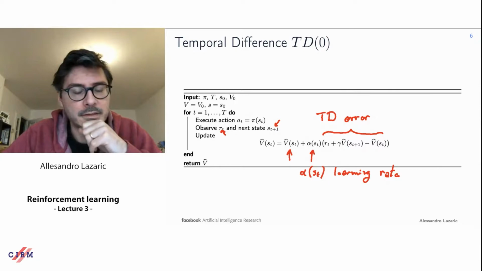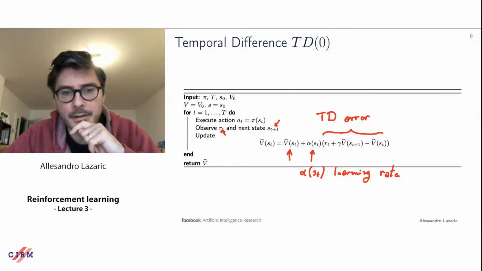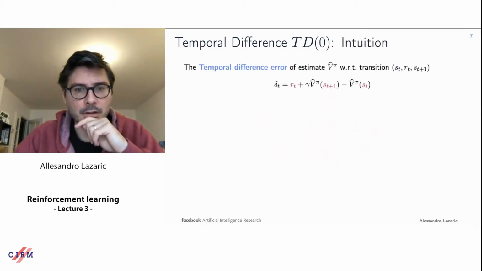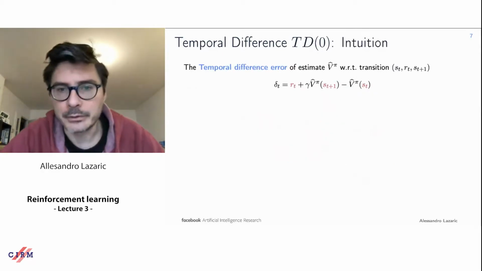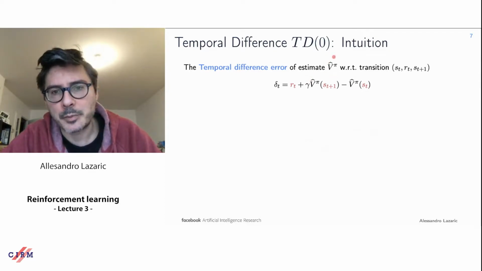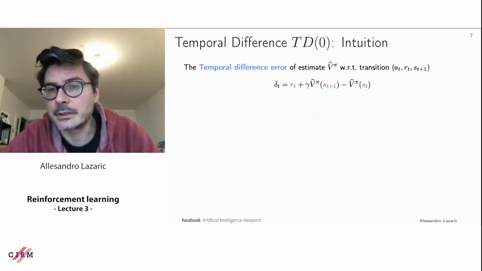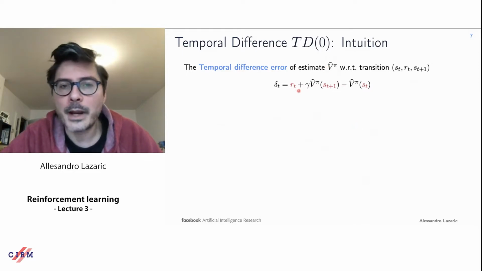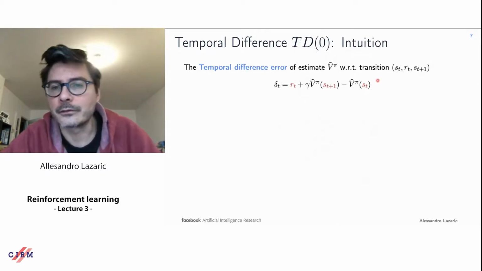So why is this an error? Why does this make sense? If we dig a little bit into this definition of the temporal difference, we say that our current estimate v hat pi on the transition that I observed at time t, so the transition from st to st plus 1 and associated reward rt, is somehow wrong by how much this is different from 0.